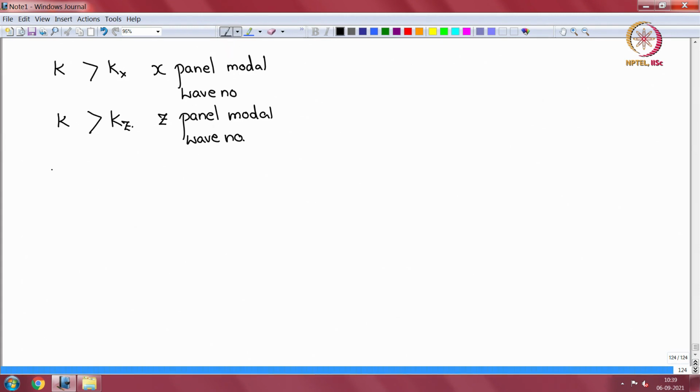So, what this is saying is that lambda acoustic should be less than lambda x modal wavelength and lambda a should be less than lambda z, the modal wavelength in the z direction. So, that is the maximum condition.